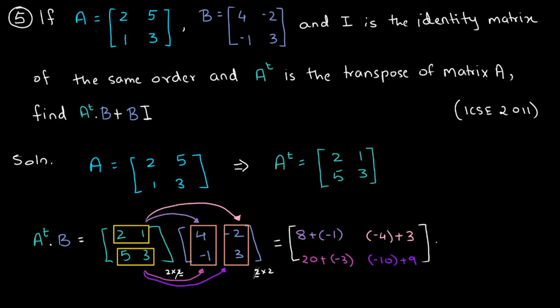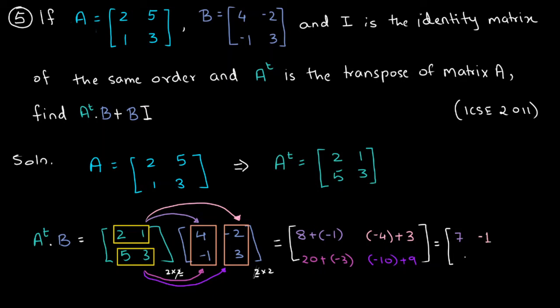If I simplify this matrix here, the first row first column is 8 plus minus 1, which is 8 minus 1, which is 7. Minus 4 plus 3 will give me minus 1.